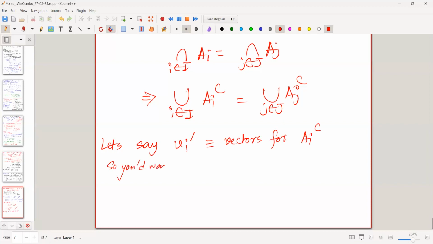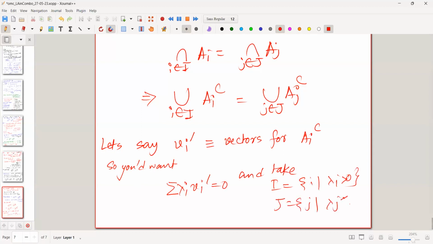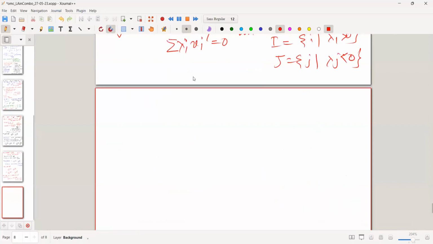You'd want the summation of lambda_i v_i' equals 0, and take I to be the set of i such that lambda_i is greater than 0, and J the set of j such that lambda_j is less than 0. So you need to do both of these simultaneously. Then how do you do it?